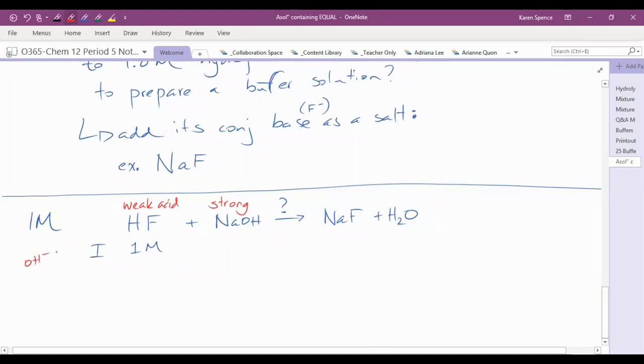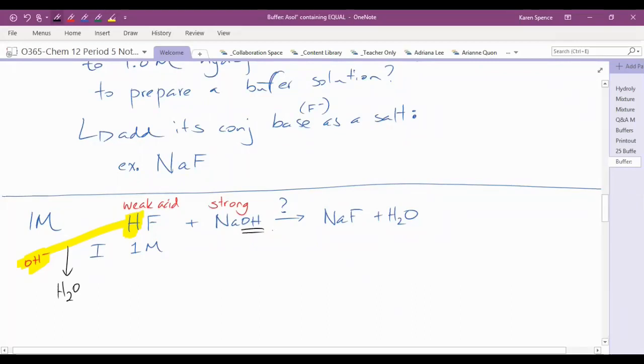Now, anytime an OH minus ion sees an H plus anywhere, it's going to grab it and form water. And even if that H plus is attached to a fluoride, the hydroxide will grab it and it will make water. Okay, so essentially what's happening is the hydroxide from the NaOH is ripping all of the protons off of HF.